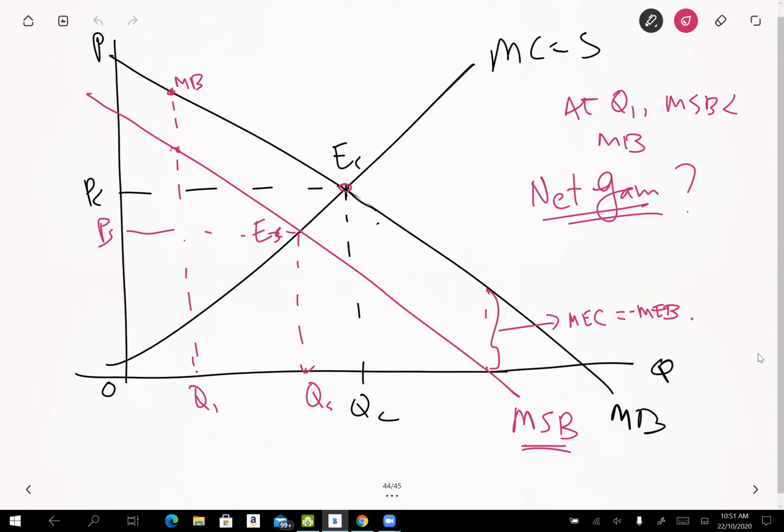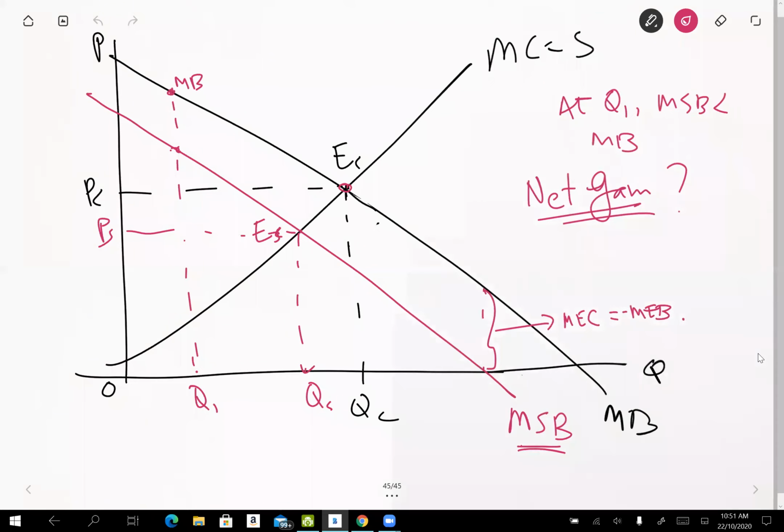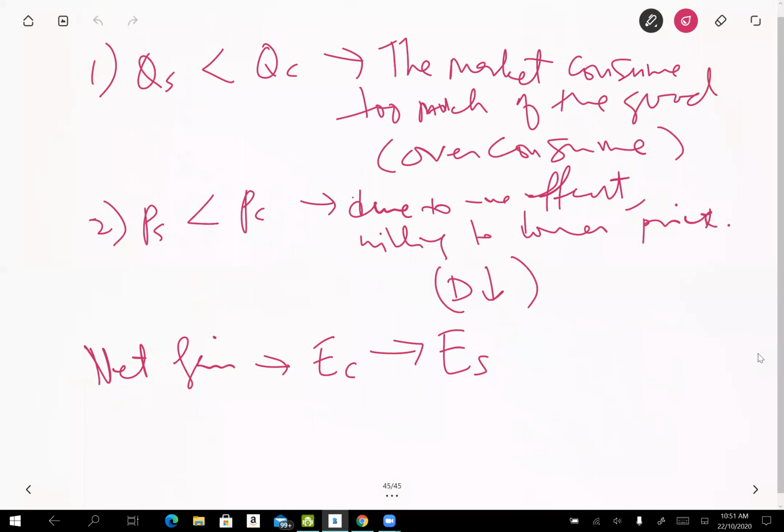So at QC, what can you say about the marginal benefit relative to the marginal social, I'm sorry, not marginal benefit and the marginal cost. We are comparing the marginal social benefit and the marginal cost.